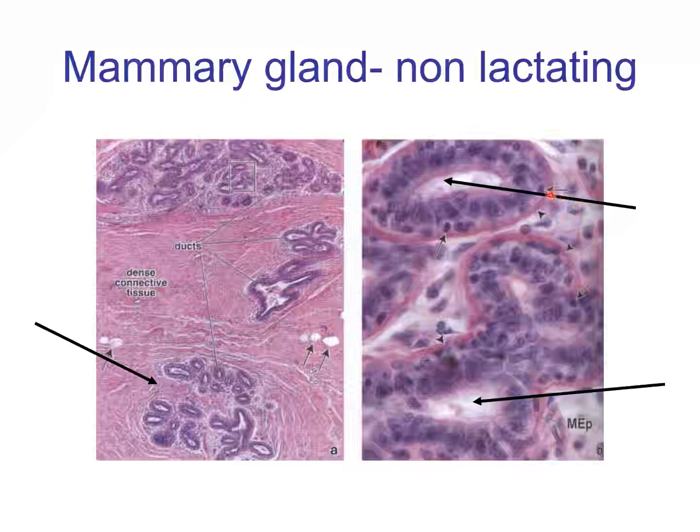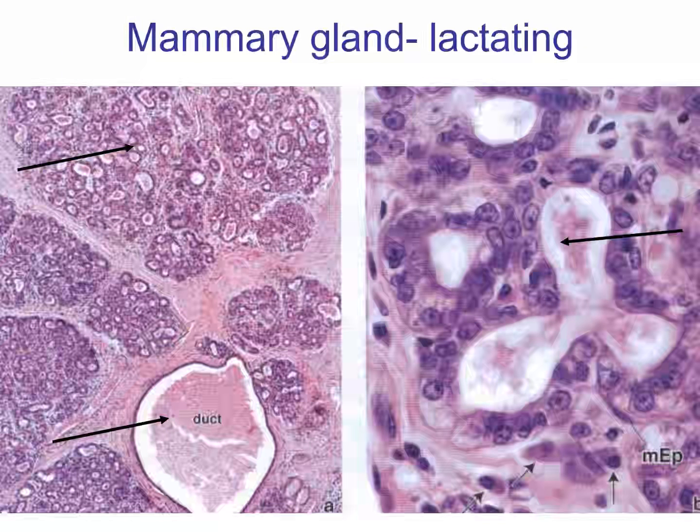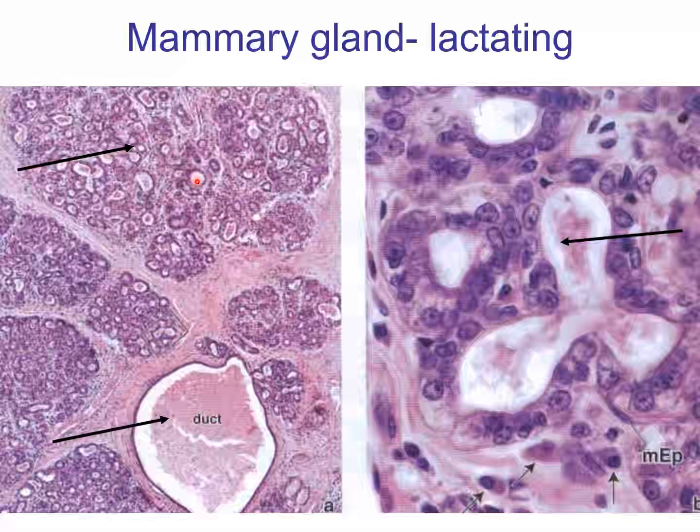In higher magnification, one can see the ducts are lined by columnar epithelium or cuboidal epithelium. This is the section of the duct. In the lactating mammary gland, you can see alveoli lined by cuboidal epithelium.